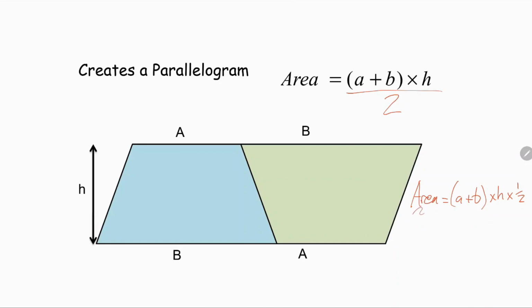You'd usually have it as area equals half times A plus B times H. Yeah, so you'd usually see it like this.